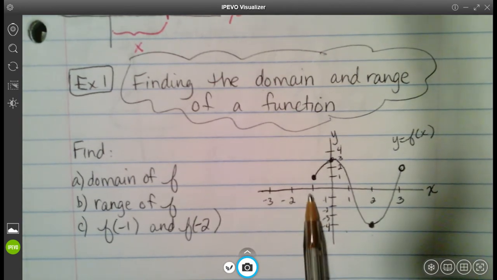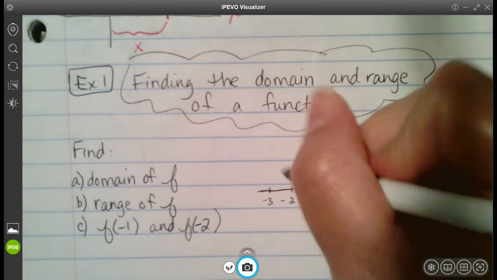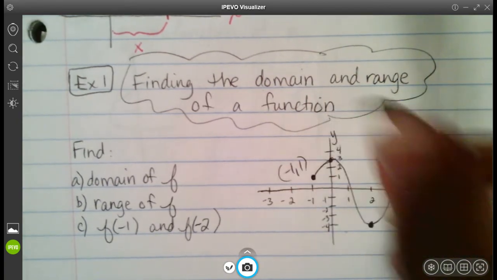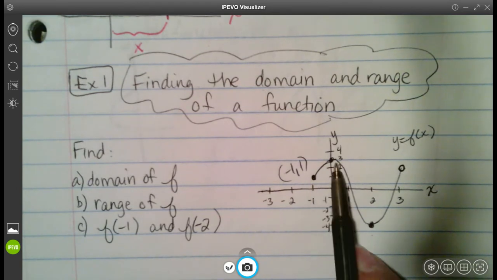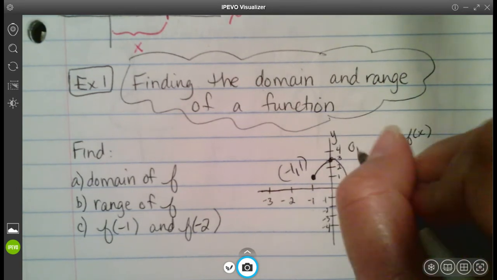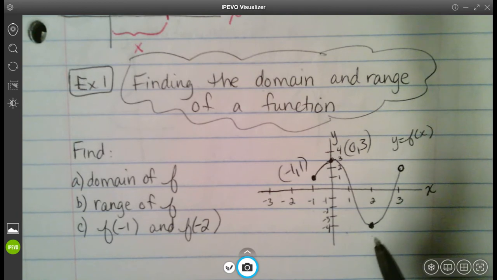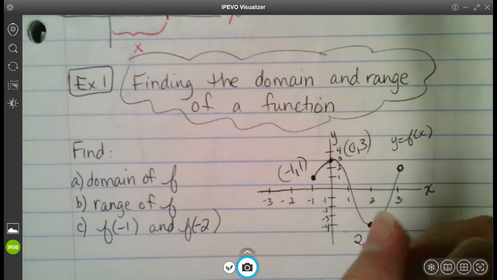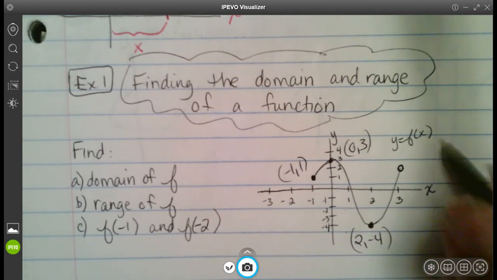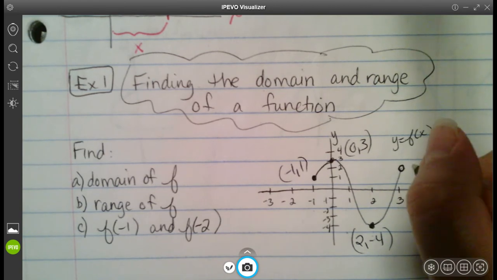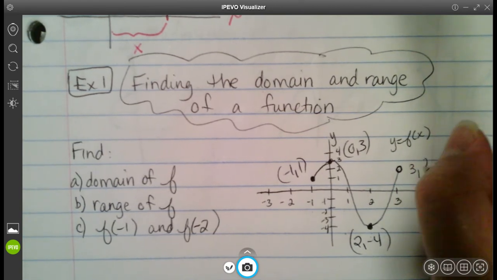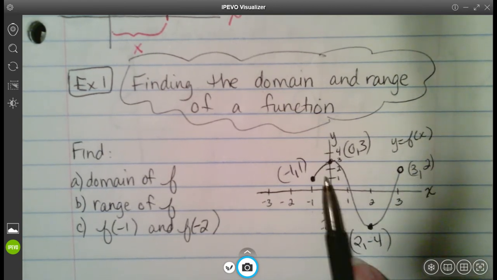It starts at (-1, 1), and I'm going to label that just so we have those points. This point is (0, 3). This point down here is (2, -4). And this point right here is (3, 2) or so. Yeah, it's pretty close to that.